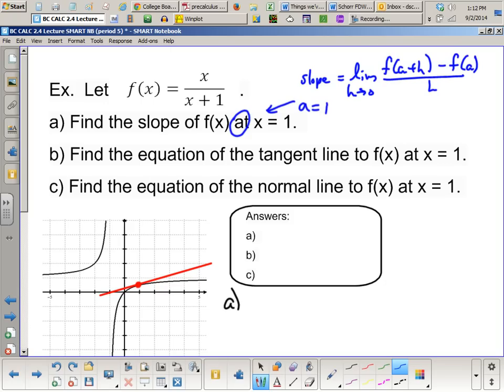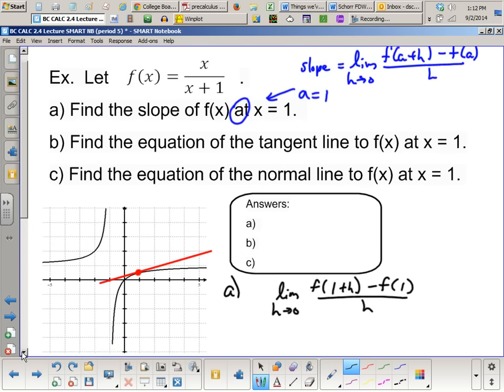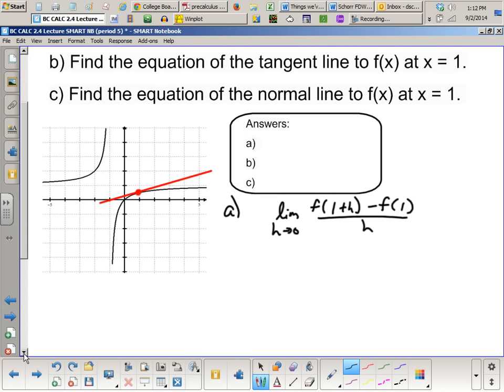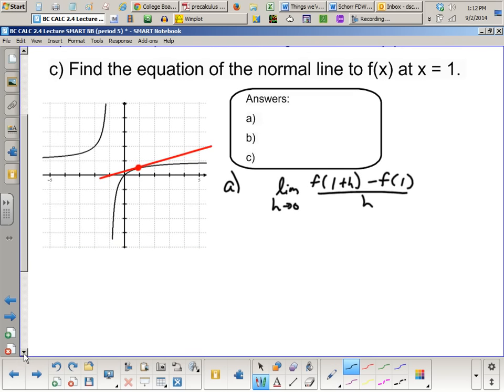All right, so let's get started. So we're going to be doing the limit as h goes to 0 of f of a plus h minus f of a all over h. This will give us the answer, if we can figure it out. Okay, it's a little bit complicated because the function I picked is kind of an ugly one.